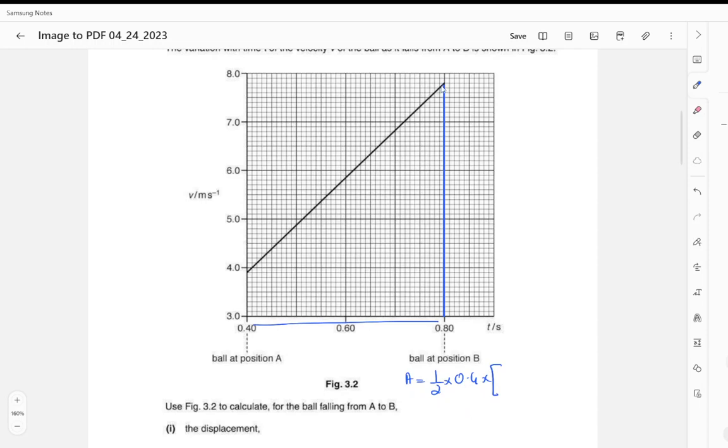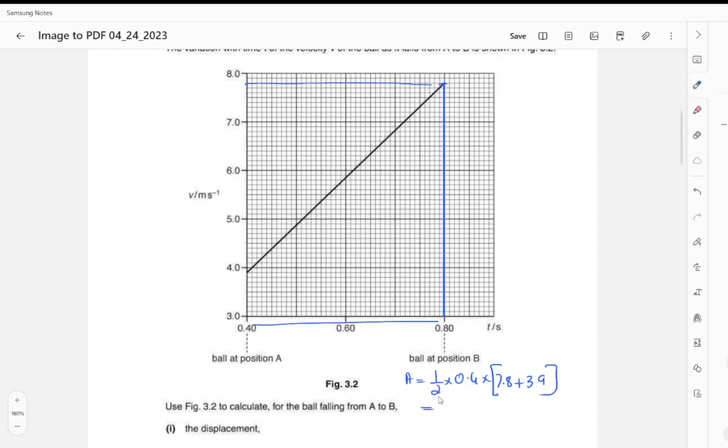Parallel sides में एक value ये ले लेते हैं, which is actually going to be 7.8. फिर उसके बाद जो है 4.9, 3.9 plus 3.9. So this is going to be it.